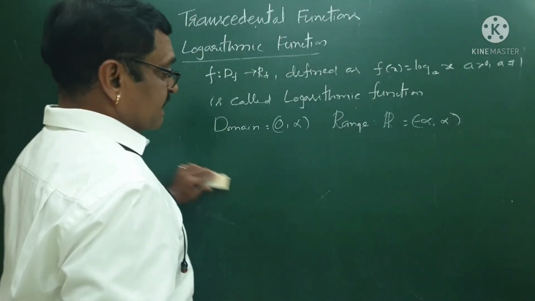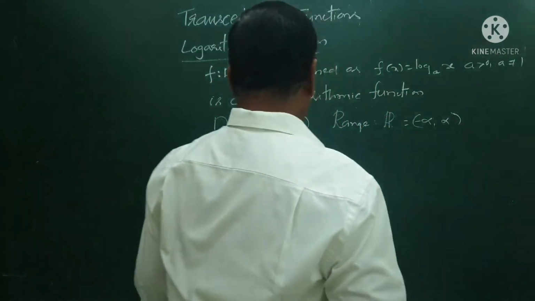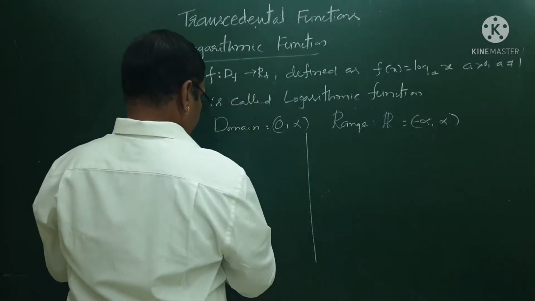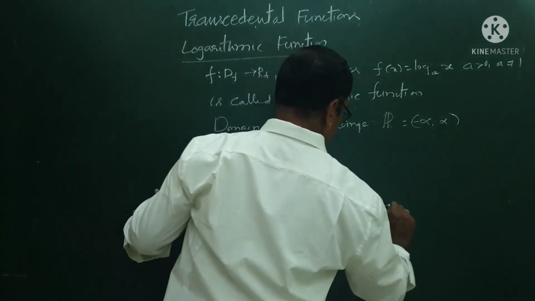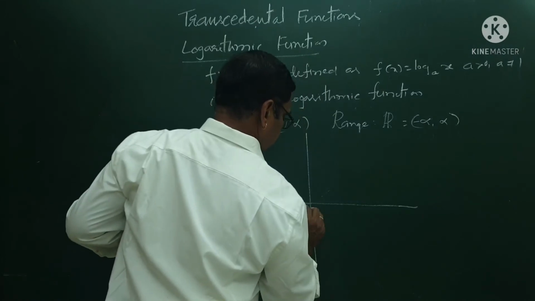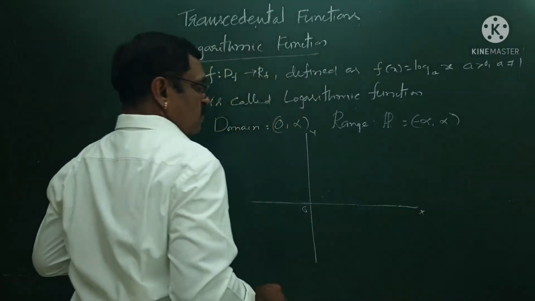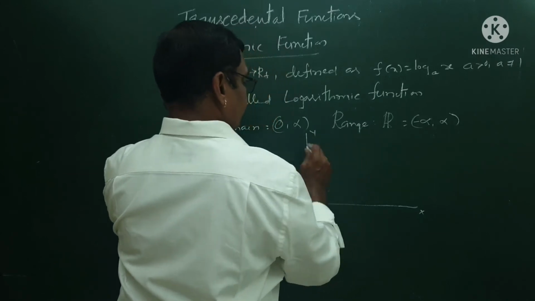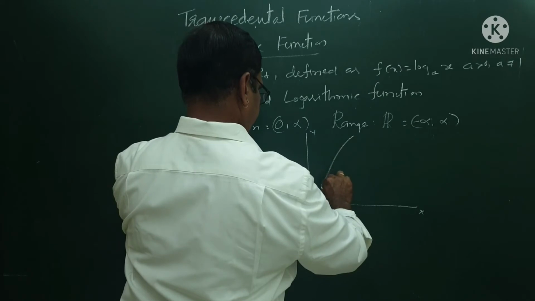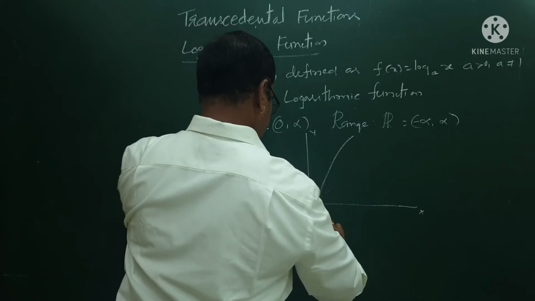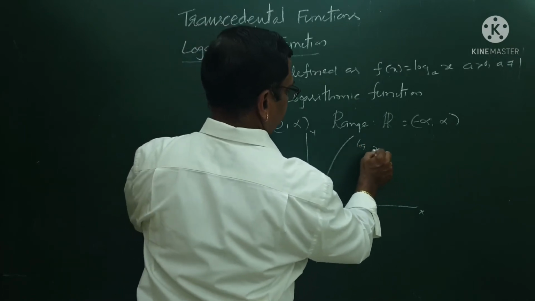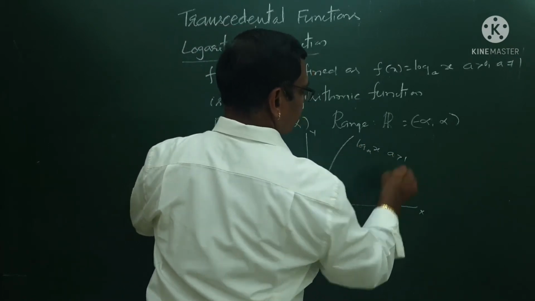Now we can do the graph also. How does the graph go? Here also we have two graphs based on the a value, with x axis and y axis. This is the graph of log x base a, when a is more than 1.